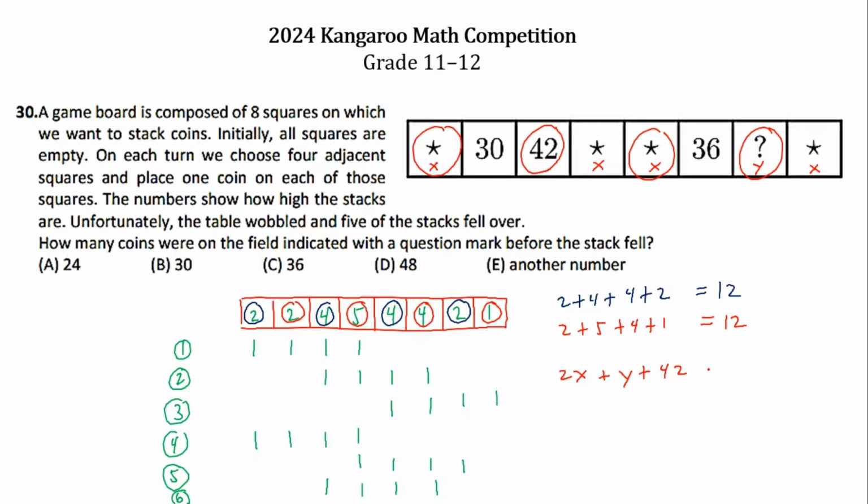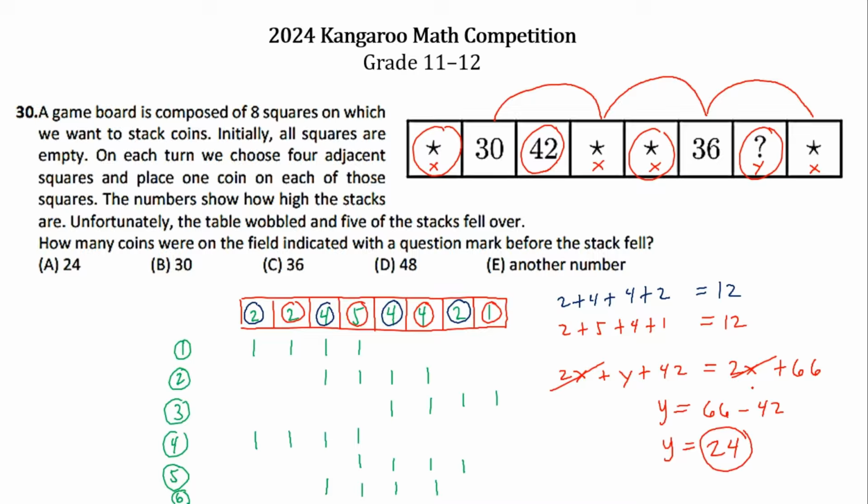Then let's equate that to the other sum: this one 30, this one x, 36, and x. So we get 2x plus 66. Now notice that we can cancel the 2x by transposing. And so y is equal to 66 minus 42, which is equal to 24. So the question mark on this square represents the number 24, and so the answer is option A.